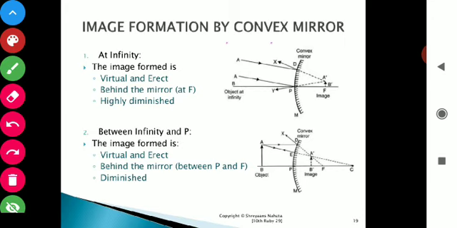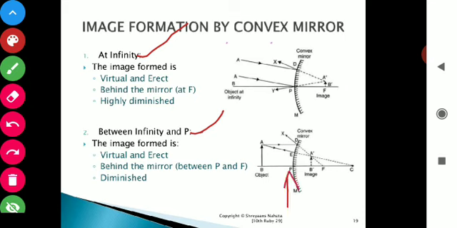So students, in the convex mirror, we can have only two types of cases. We can place the object at infinity or anywhere in front of the mirror. Anywhere means between infinity to its pole.